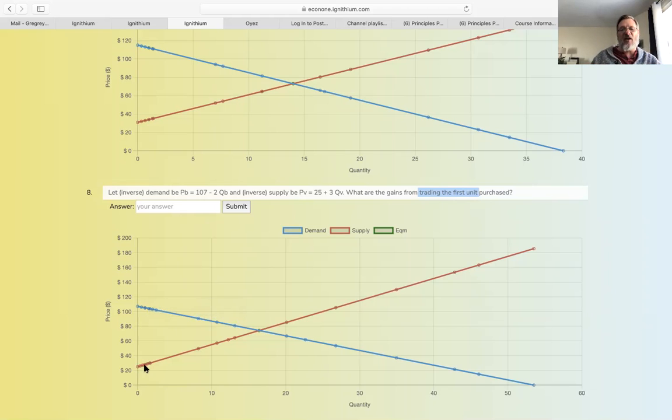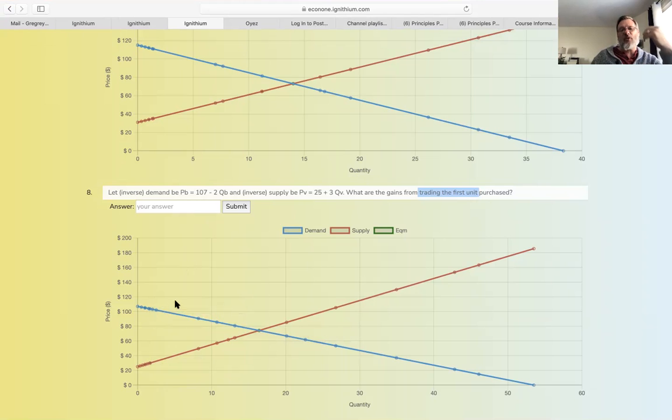The person with the cost of $28 is selling it for $74, the equilibrium price. That's profit to them. And the consumer values it at 105, but only has to pay 74. If you add those up together, those are the gains from trading.